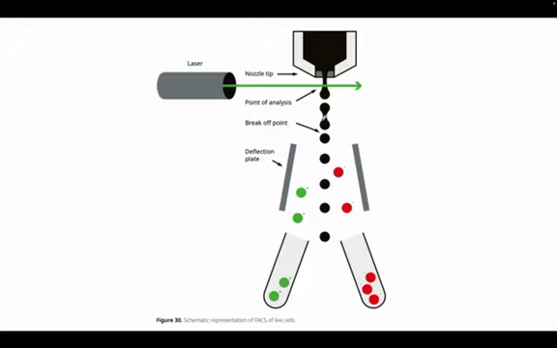Depending on the population of cells that we detect here, so we have red cells and green cells, it is going to impart a charge to these droplets, and then deflect them based on the population into two different collection tubes. So it is going to sort the cells depending on the signal that it has detected over here. So this is a very powerful technique for sorting of live cells.